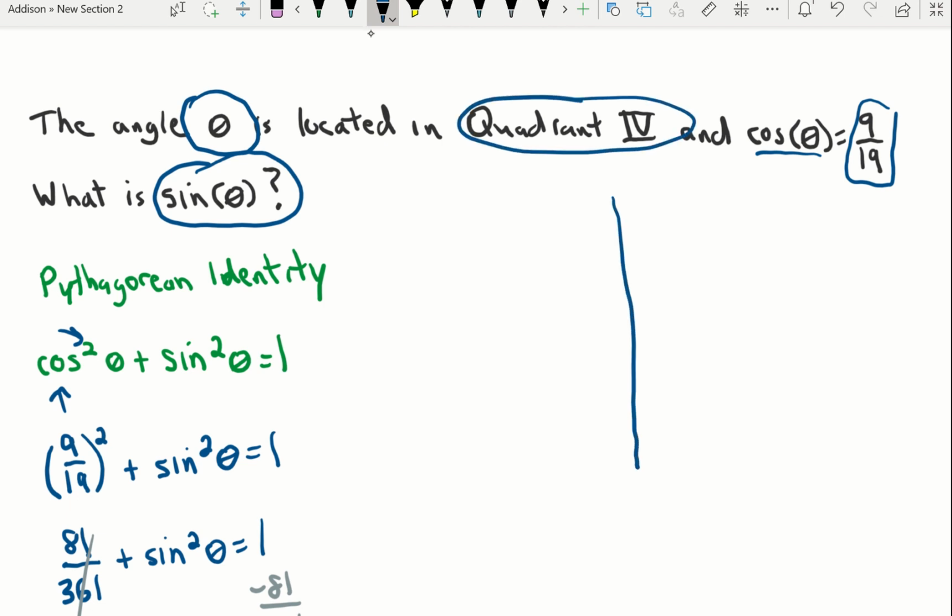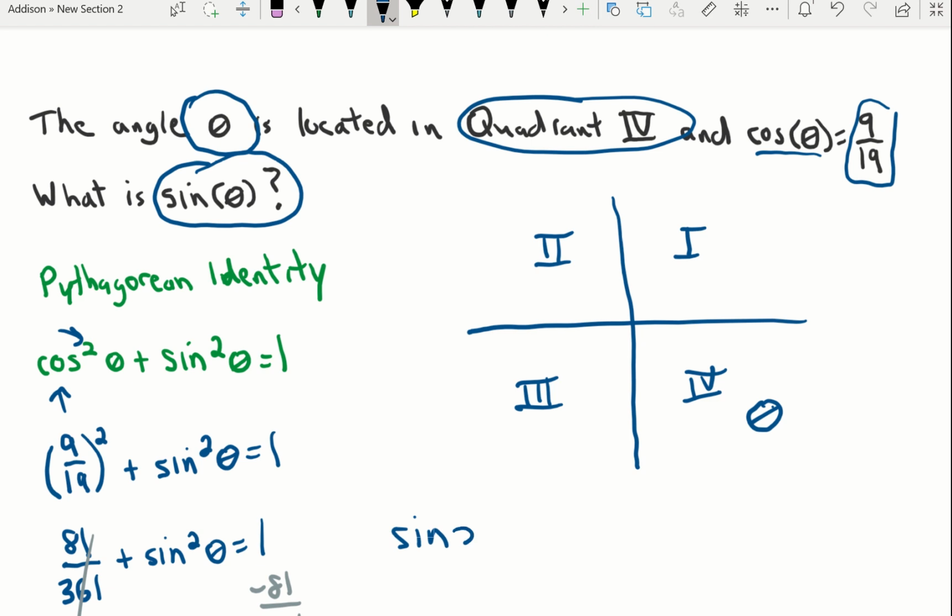So let me do a coordinate system here. This is the 1st quadrant, 2nd quadrant, 3rd, and 4th, and theta is going to be located in this one. And right now we're saying that sine of theta is equal to 2 times the square root of 70 over 19, right?